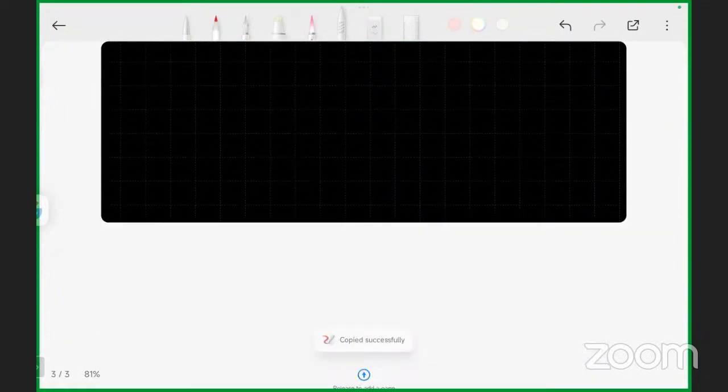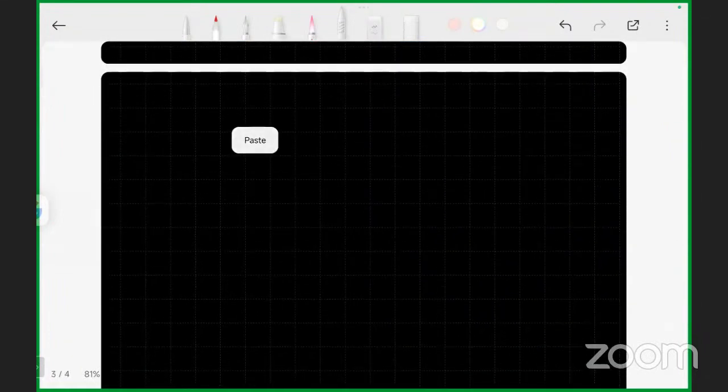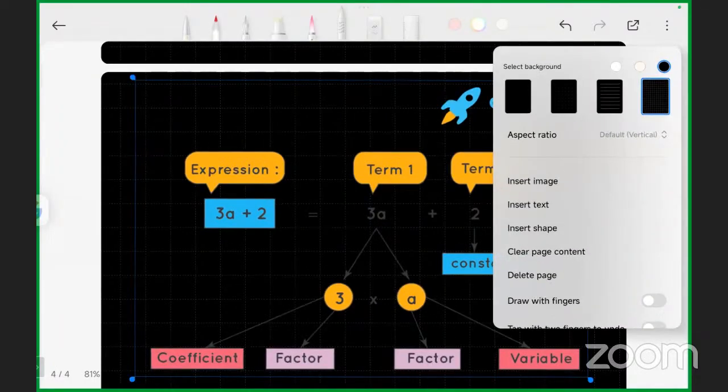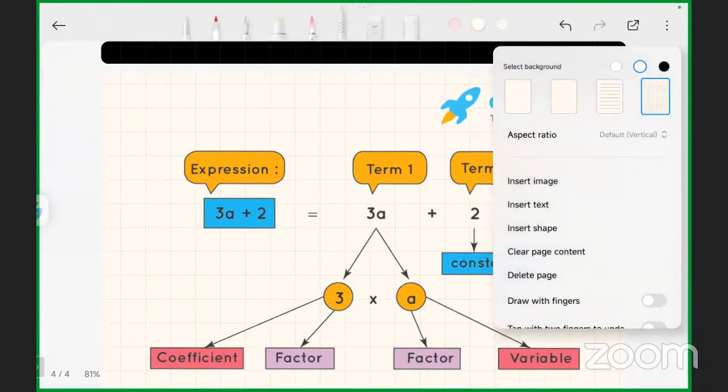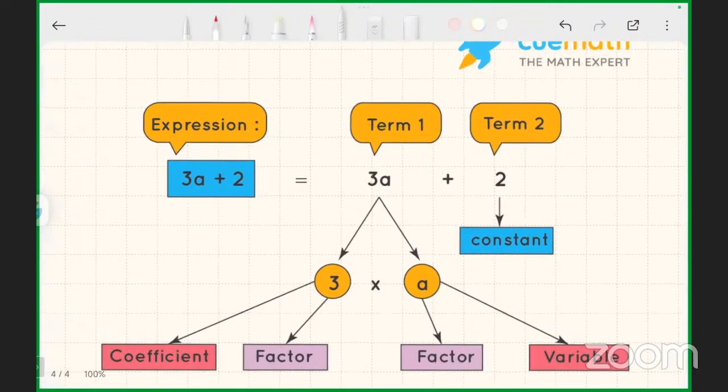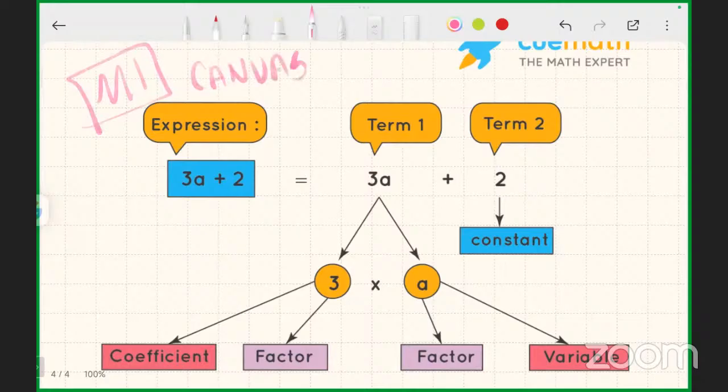By the way, what app do you use for this application that you're using right now? It's MI Canvas. MI is the brand, and then Canvas. I don't think you will get it.